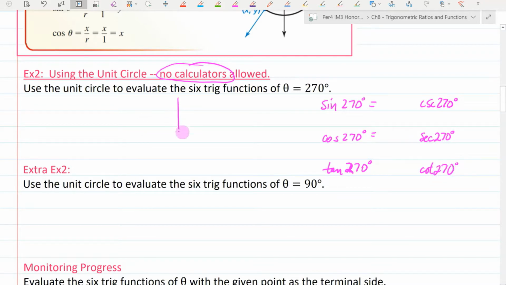Now, if we draw this picture, and we know that 270 is here, and this is the unit circle, okay?